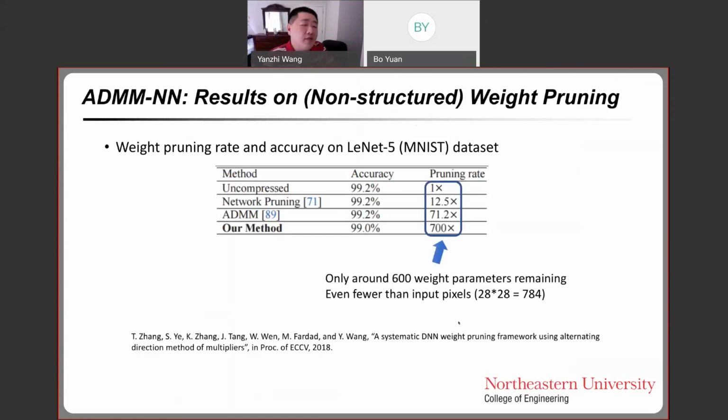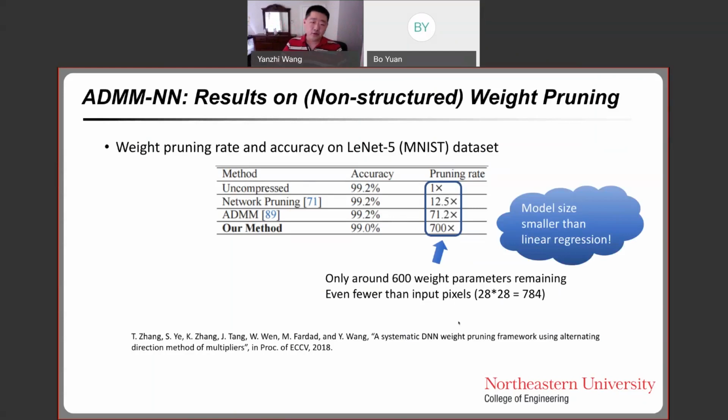So there are only 600 remaining weights, which is even fewer than the input pixels, because the input is 28 by 28, which is 784. Suppose that we consider linear regression, then we need one weight for one input. So our number of weights is even smaller compared with linear regression, but our accuracy is still 99%. To be honest, it's very difficult for MNIST or LeNet to be lower than 99%. It's really very challenging to be lower than that.